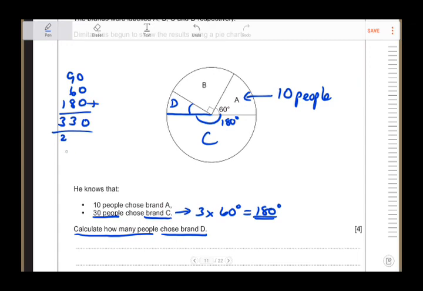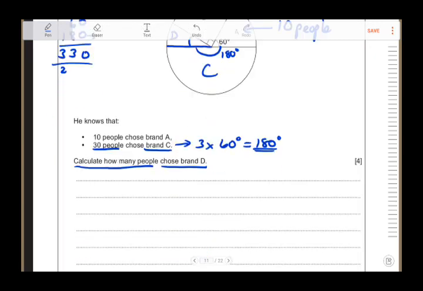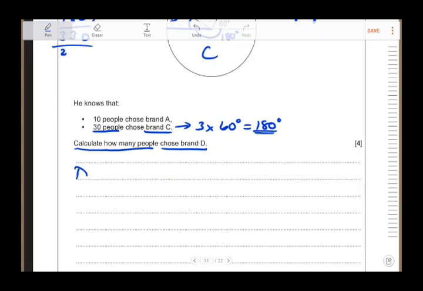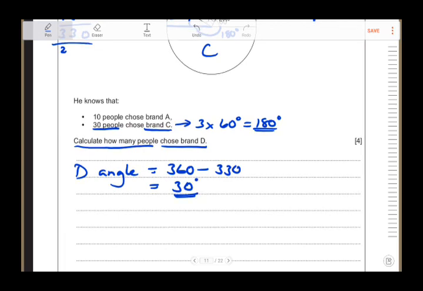So D, if I scroll down here, the D angle is 360 degrees, take away 330 degrees, which is obviously 30.